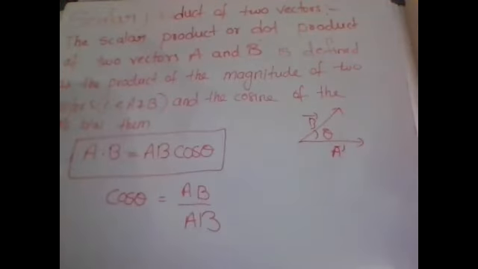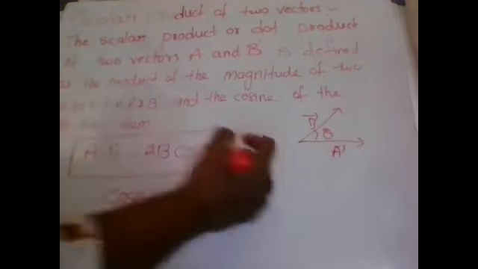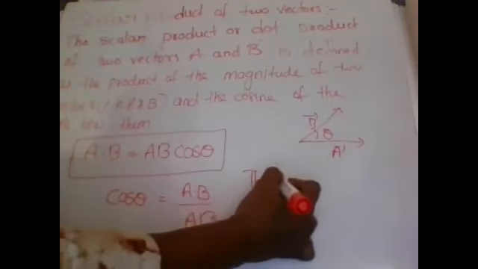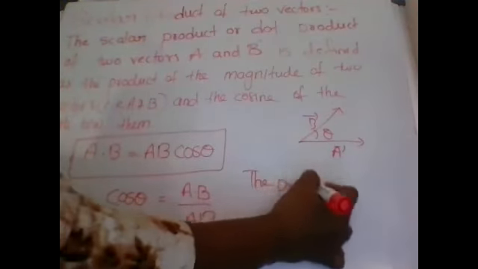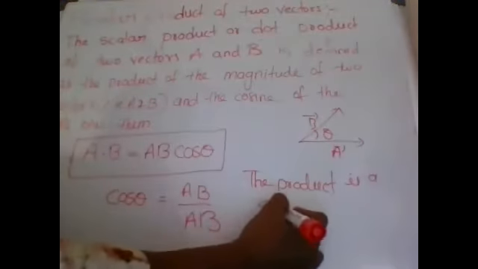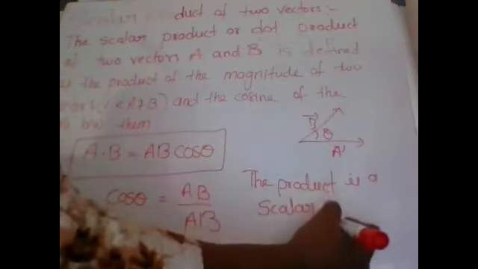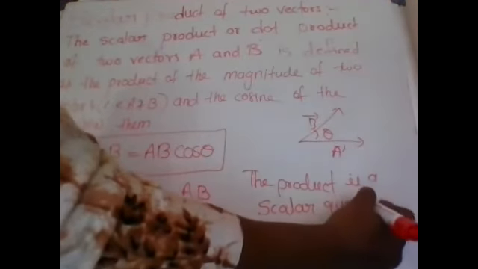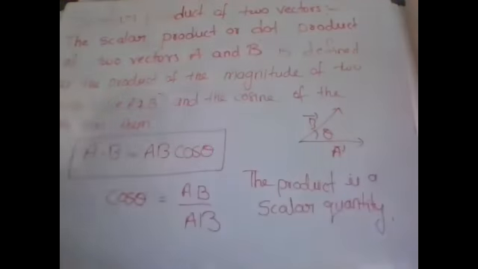Here the product is a scalar quantity. So this is the scalar product of two vectors.